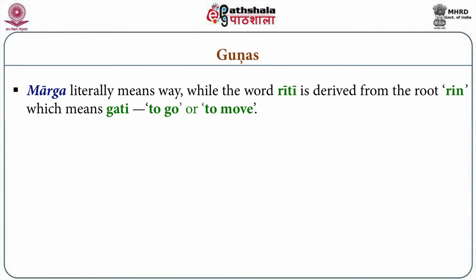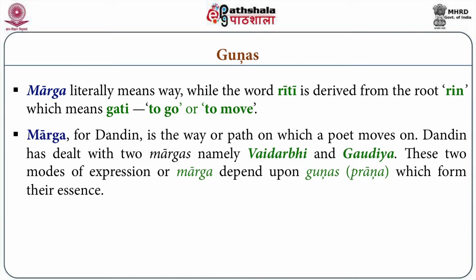The literal meaning of marg is to go or to move. So the way a poet chooses words to write poetry is known as marg. Further he says there are two margs, Vaidarbhi and Gaudi. Vaidarbhi is that which a poet prefers over Gaudi because it contains 10 gunas.